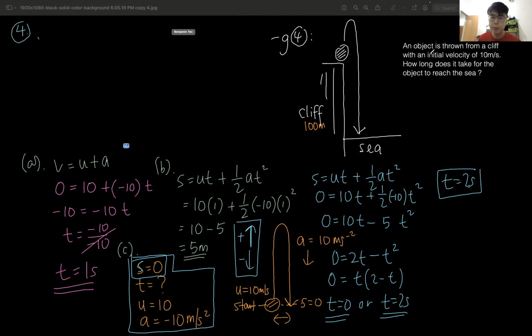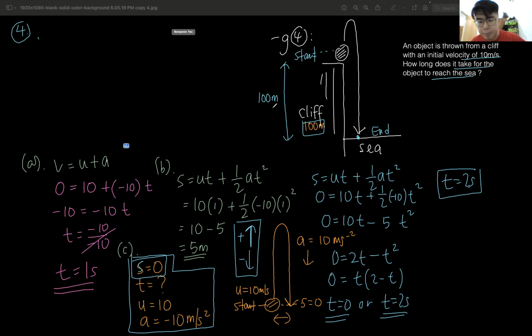Object is thrown from a cliff with an initial velocity of 10. How long does it take for the object to fall back down to the sea? 这个怎样看？看它的 displacement. 你看啊，我从这边开始丢，starting, ending 在哪里？到 C 嘛，对不对？所以 ending 这边，我的 displacement 这个整个 journey 我的 displacement 是多少？The cliff height is 100 meter, so it is 100 meter below, right?